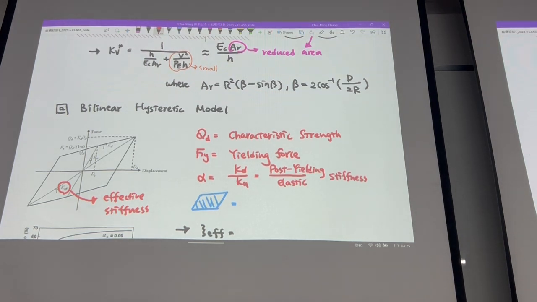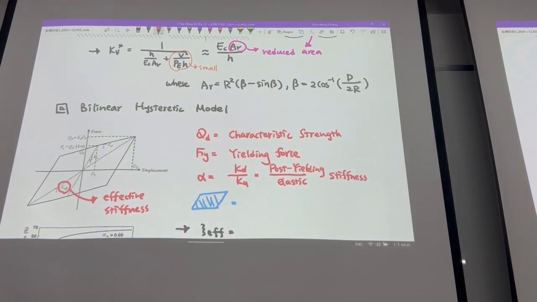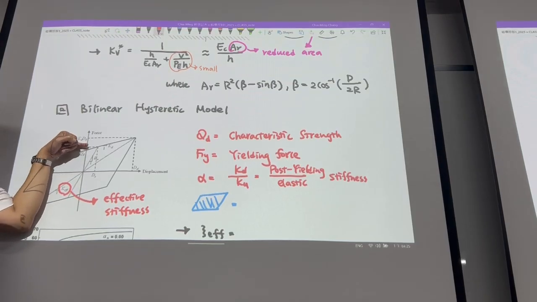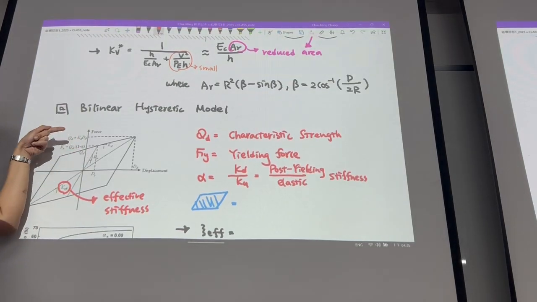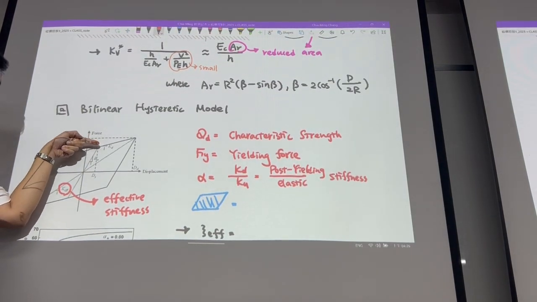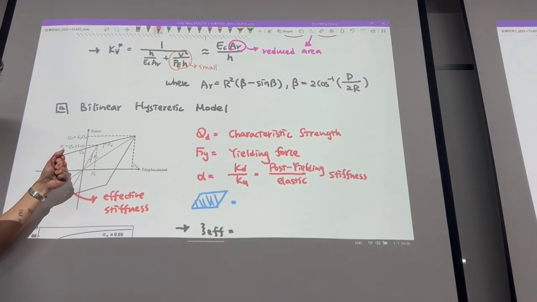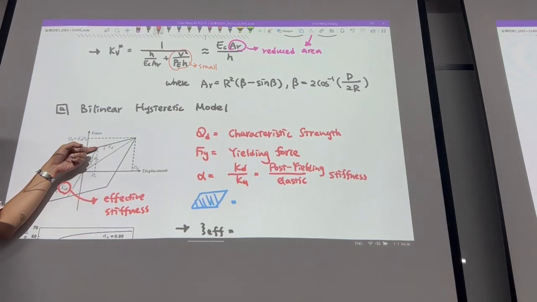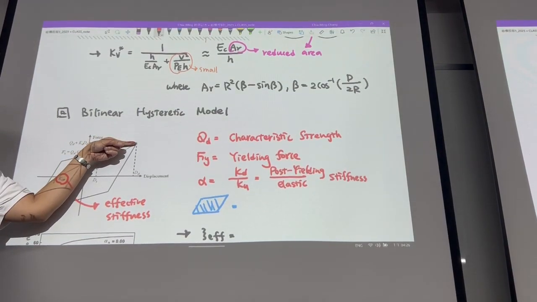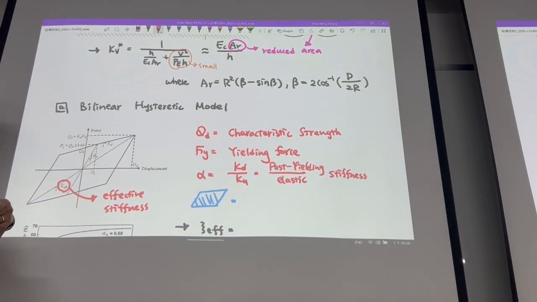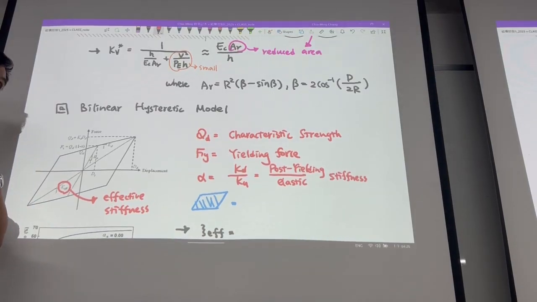Because rubber has very small stiffness, after the yielding the slope is almost zero, just like an EPP model for the lead. So that means the post-yielding stiffness mostly comes from your rubber.